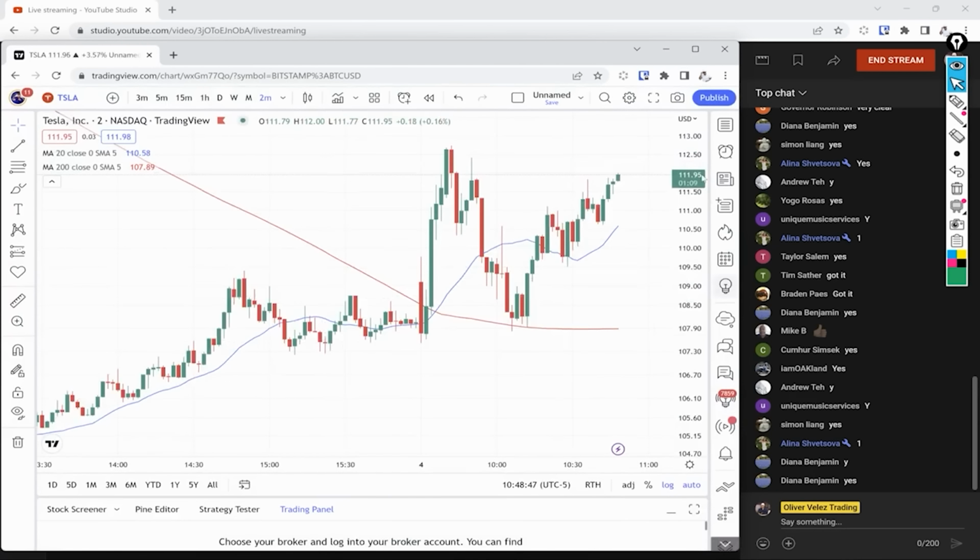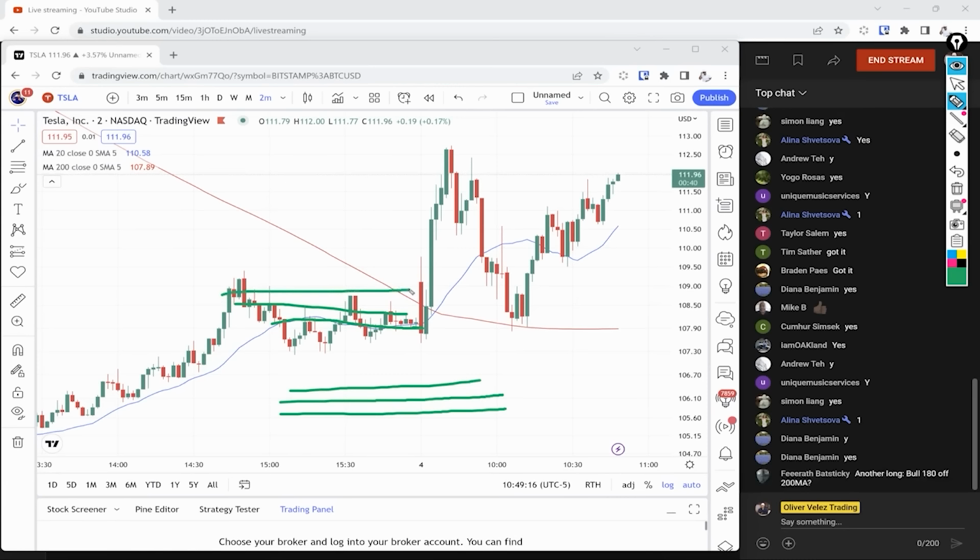It was Tesla. Now, you see, it was Tesla coming out of this kind of tightness. It's not the ideal tightness I like. There are two types of narrow states, right? There's the narrow state where everything is flat, guys. All three items are flat. The stock is flat, the 20 is flat, and the 200 is flat. That's the most ideal flatness.